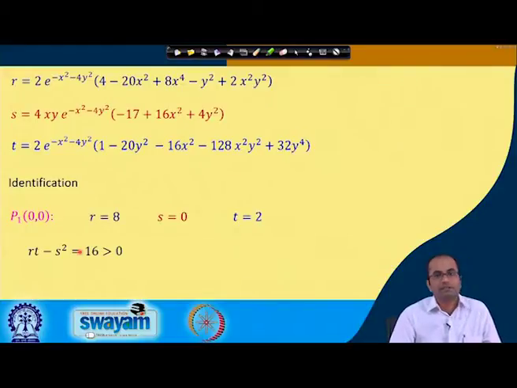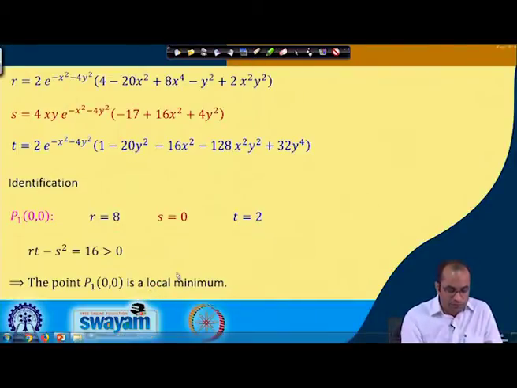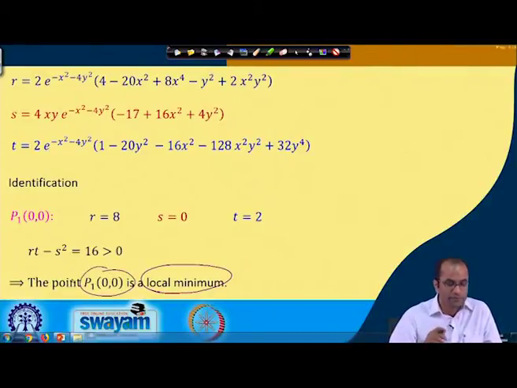So, we have this 16 which is positive, and remember in the sufficient conditions we have seen that if rt minus s square is positive and r is positive, then this is a point of local minimum. So, we got this point of local minimum. So, at 0 0, the function has a local minimum.